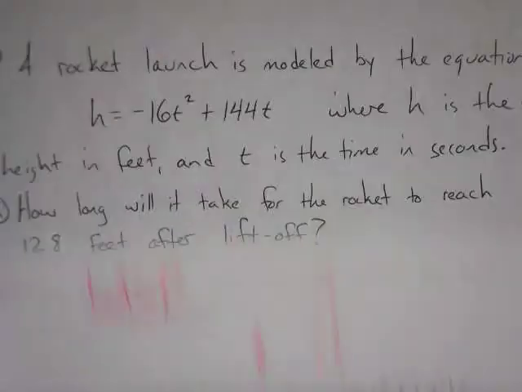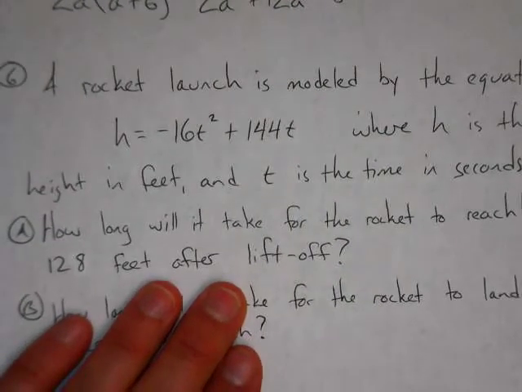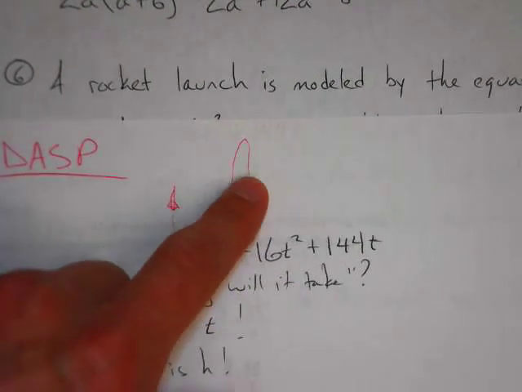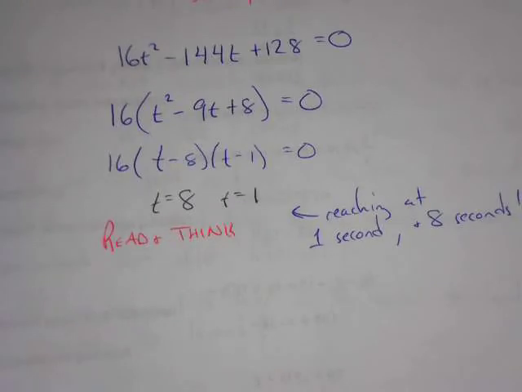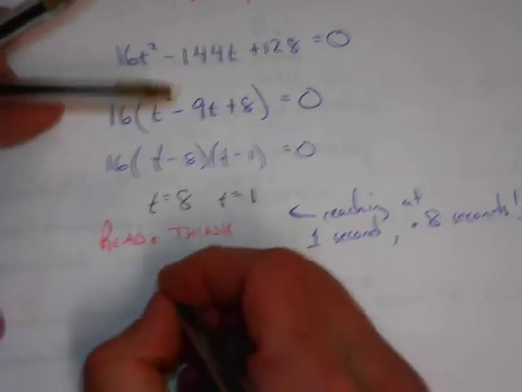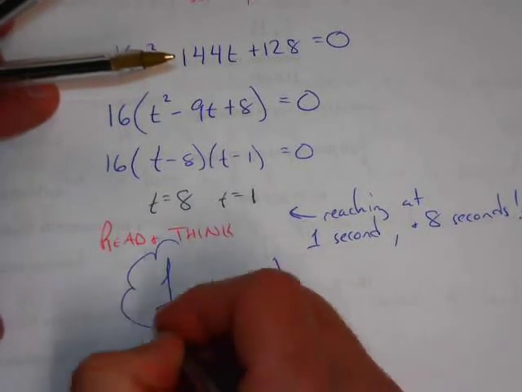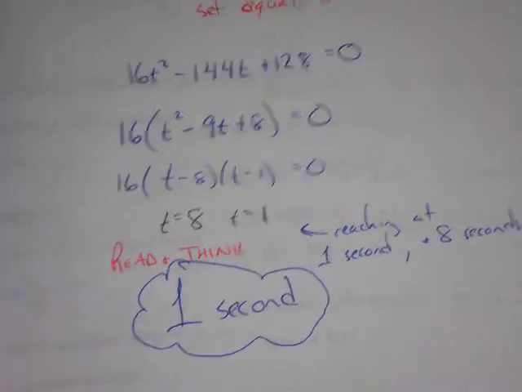Since the question is asking for after liftoff, remember the DASP, it's reaching 128 feet 1 second after liftoff. So the answer is 1 second. That's how we can solve that, by doing some reading and thinking after DASP.